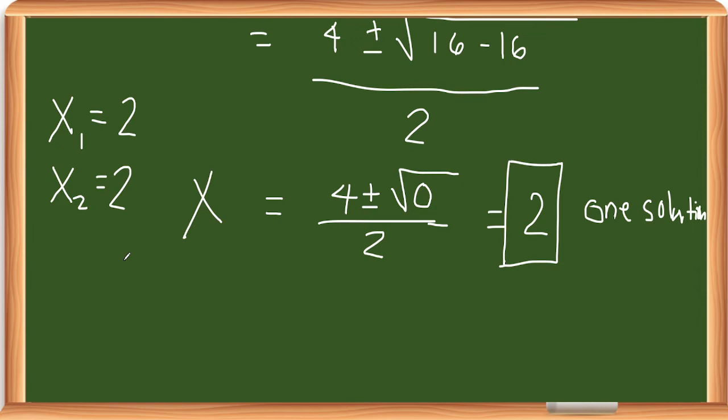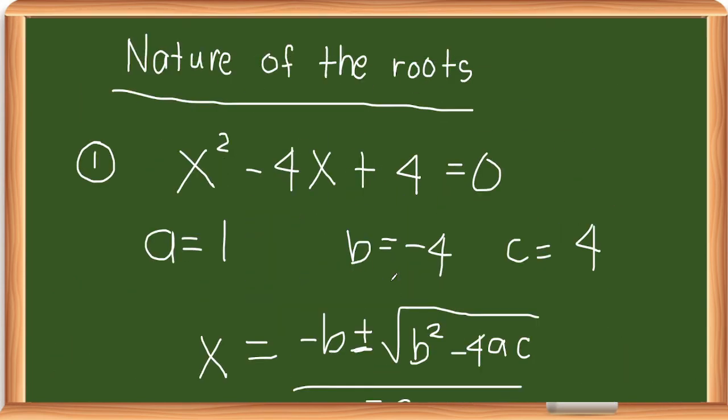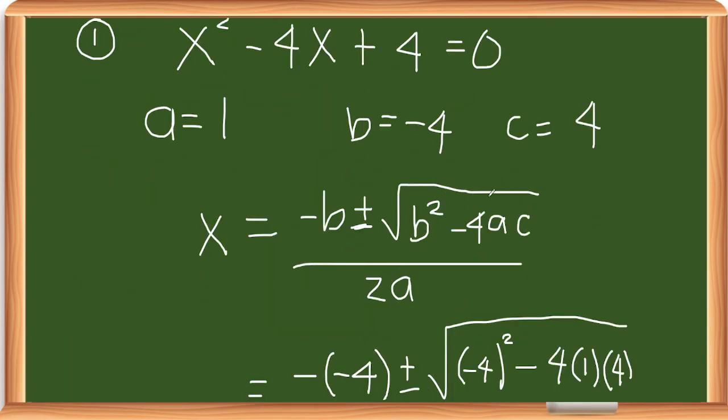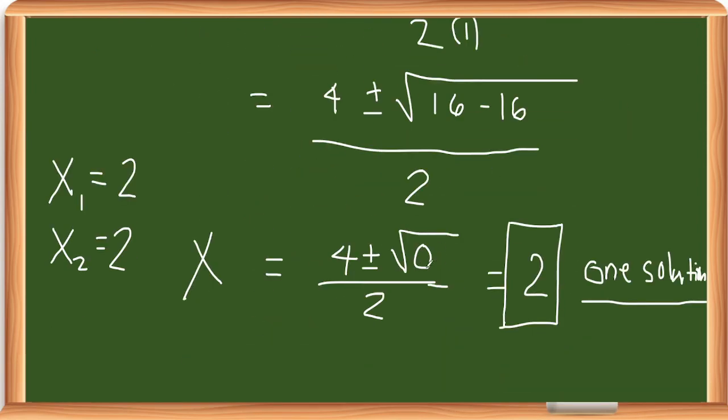Quadratic means dapat dalawa yung solution mo. Since equal sila, iisa lang yung naging solution, no? Now, kung mapapansin ninyo, itong nandito sa loob ng square root mo is equal to 0. No? So, kaya hindi na natin pinansin. Ito na lang ang pinansin natin.